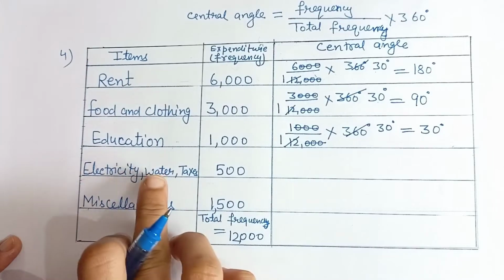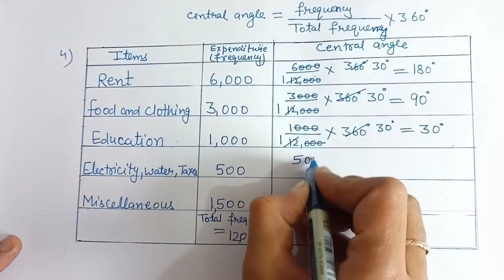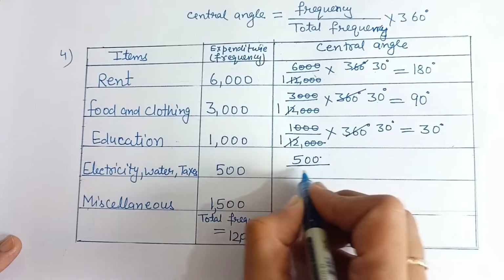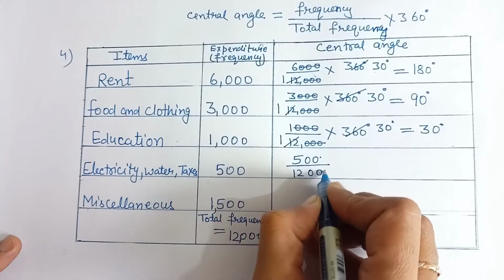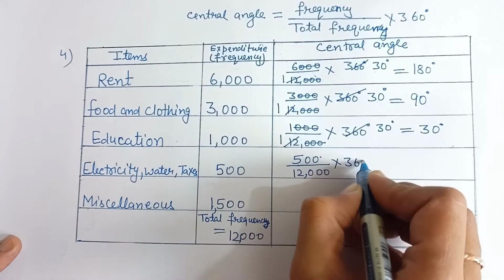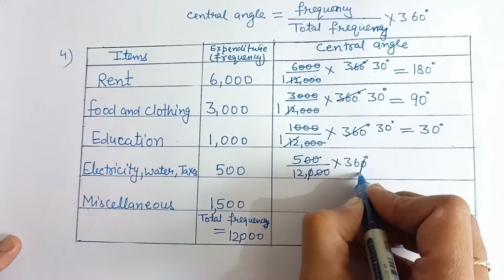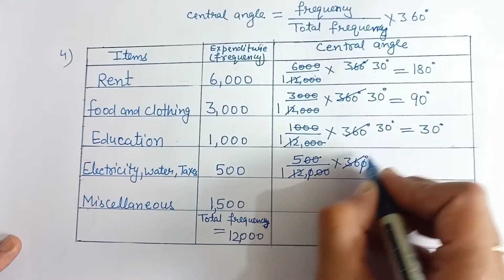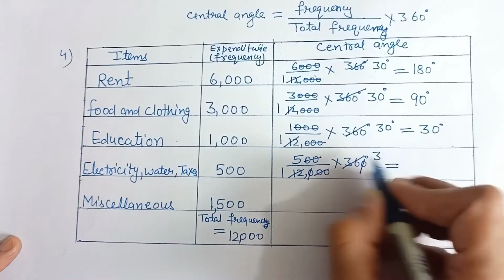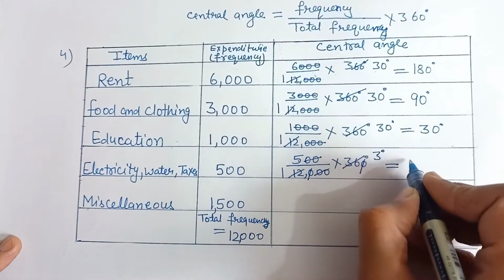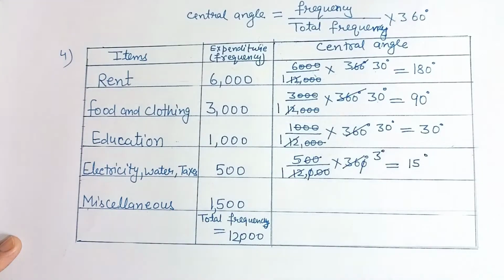And electricity, water and taxes: 500 divided by 12,000 multiplied by 360 degree. 20 cancelled with 20, 10 from here. Now 12 ones are 12, 12 threes are 36. Now 5 threes are 15 degree.